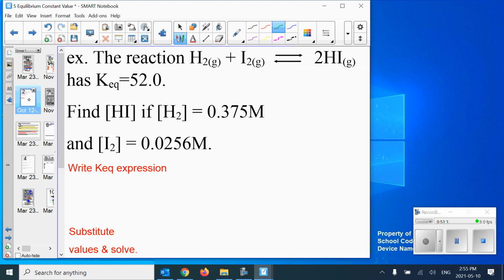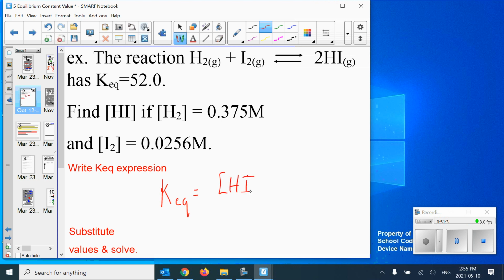Now, this reaction, H2 + I2 making 2HI, has a K value of 50. Find HI if the hydrogen is 375 and the iodine is 256. Well, we start the same way. Write the KQ expression. I'll start it out with you. Everything's a gas, so it all appears.